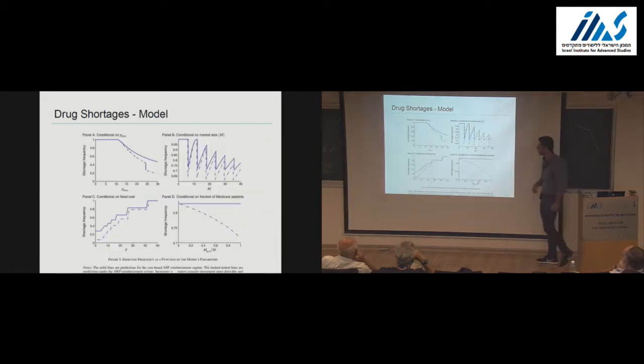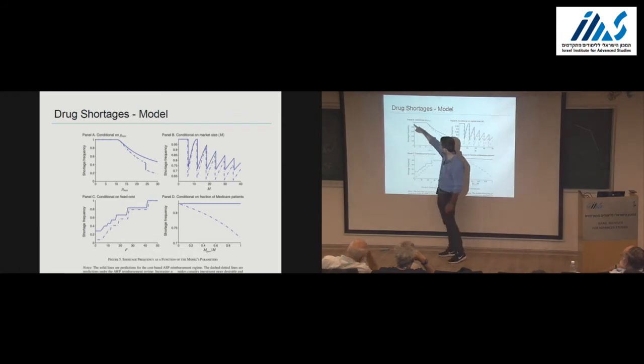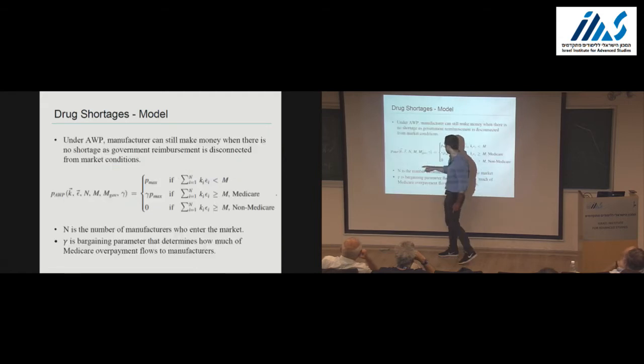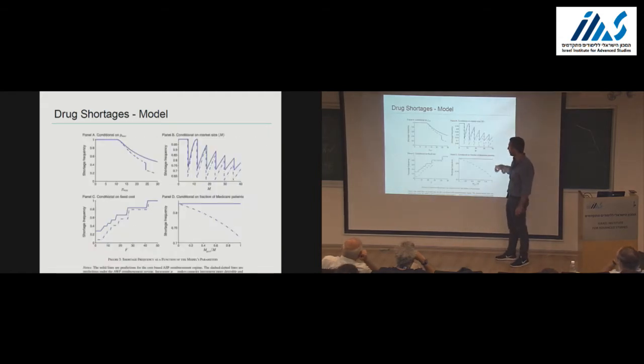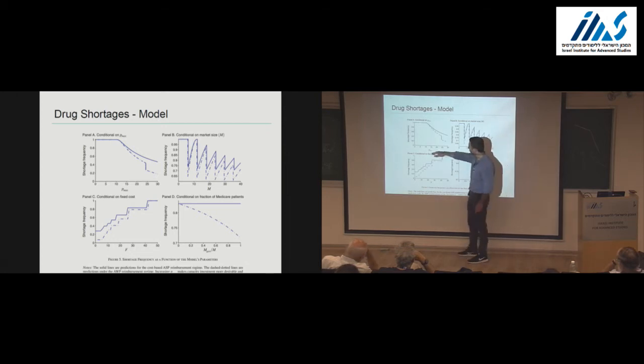Here are some simulations from the model. The y-axis in each of these is the shortage frequency, how often you get a shortage, as a function of the choke price. So if the drug has higher demand, you're going to get fewer shortages.